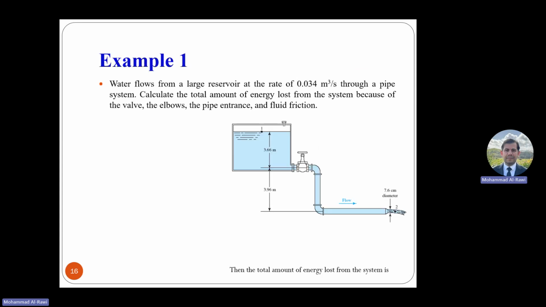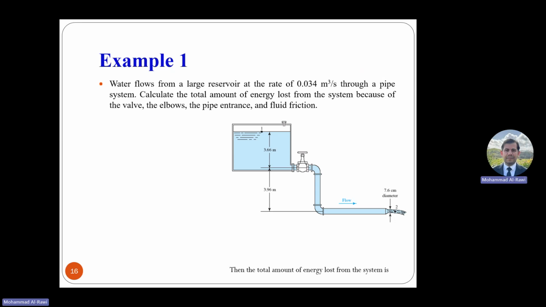This is an example. You have a reservoir tank. Water flows from a large tank at the rate of 0.034 cubic meters per second. So this is the Q through a pipe system. Calculate the total amount of energy loss from the system because of the valve, the elbow, the pipe entrance, and the fluid friction.